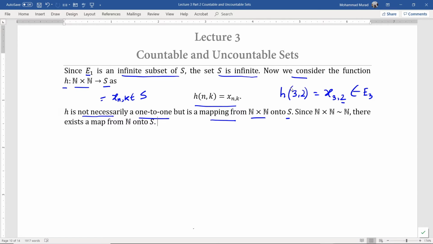And by definition, this is an element mapped by h with the pair n comma k. So there exists a pair in n cross n such that we get x sub n comma k. So this map h is onto, but not necessarily a one-to-one map. Two different pairs can map to a single element.